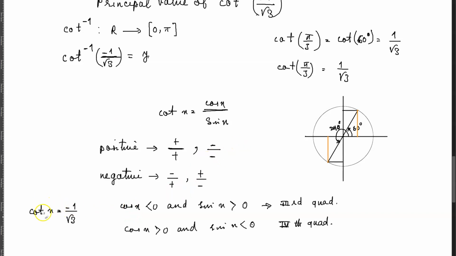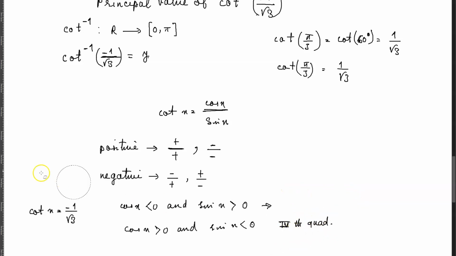I want my cot to be a negative value, but having the exact same absolute value as 1 over square root of 3. So that means that this whole discussion was actually useless, right? But that teaches you something, right? So I erase this unit circle, and of course erase these two, meaning that the third quadrant doesn't work for me. Maybe the fourth quadrant is going to work, but let's see about that.